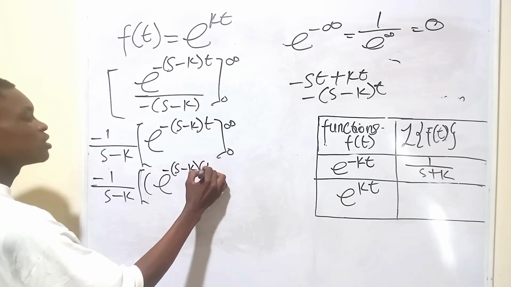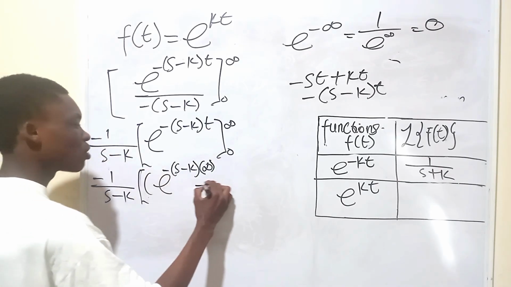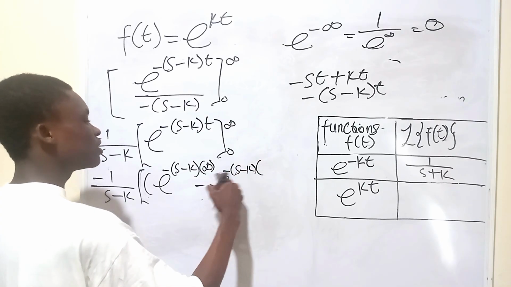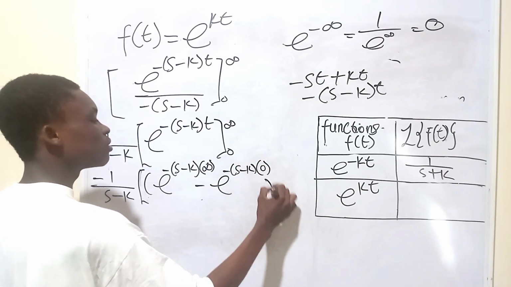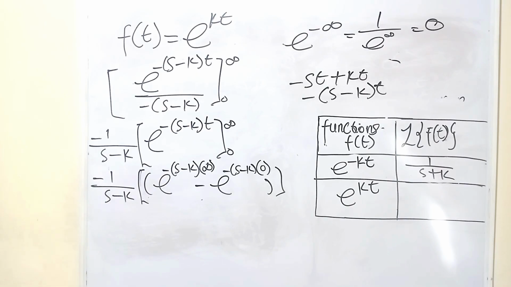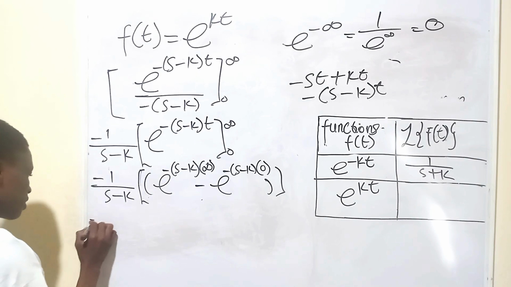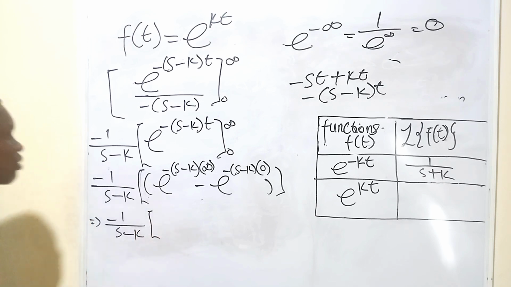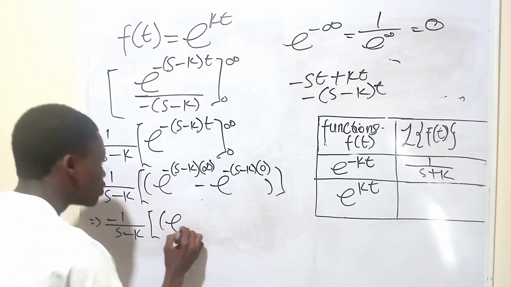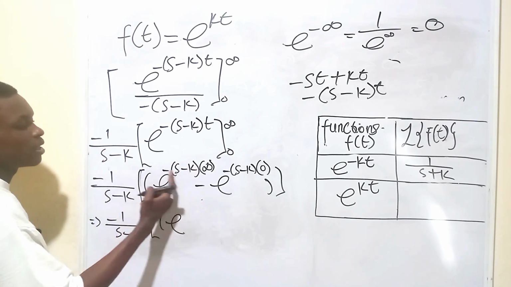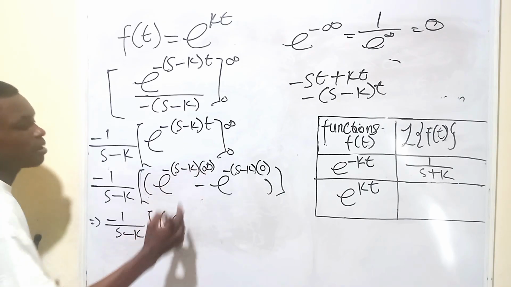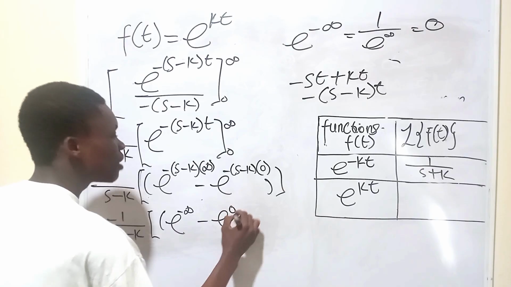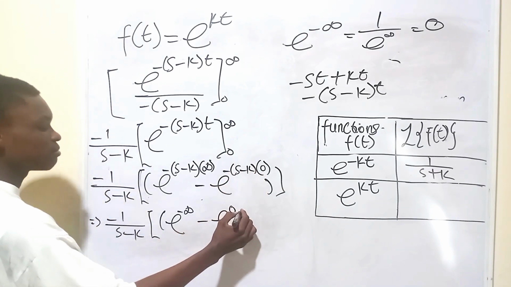Wherever we see t, we put the upper minus the lower boundary. Wherever we see t, we put 0. And that's all. So let's go ahead and simplify. Minus 1 all over s minus k into brackets, this is exponential of minus s minus k multiplied by infinity gives us negative infinity, minus exponential 0, because the whole of this multiplied by 0 gives us 0.